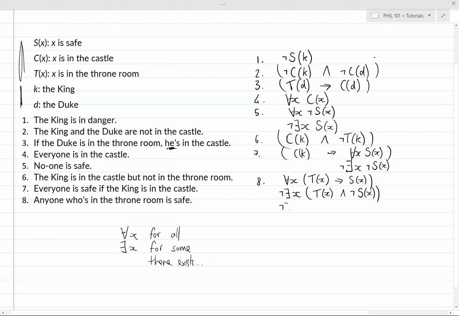Another way of writing this is there does not exist an x for whom it's not the case that if they're in the throne room, they're safe.